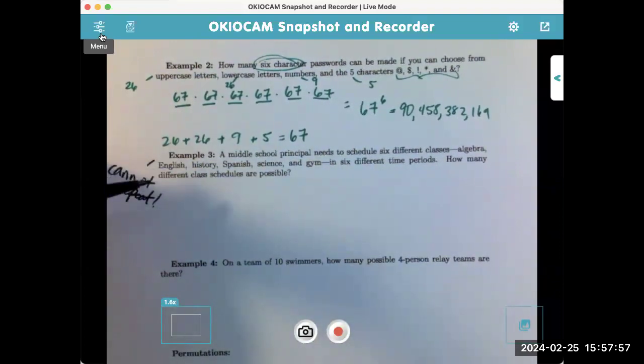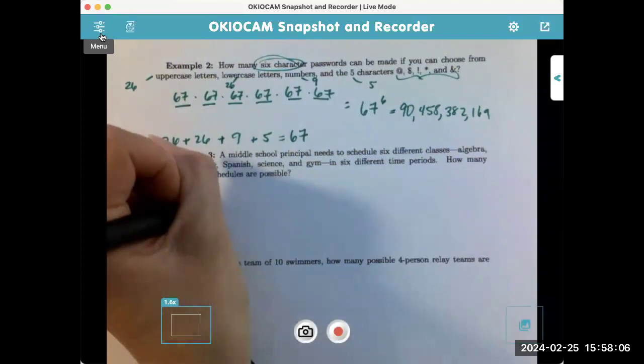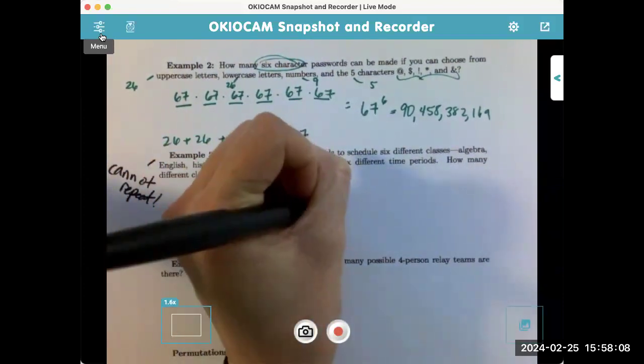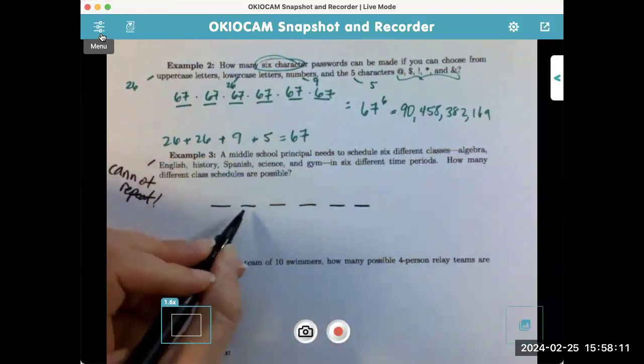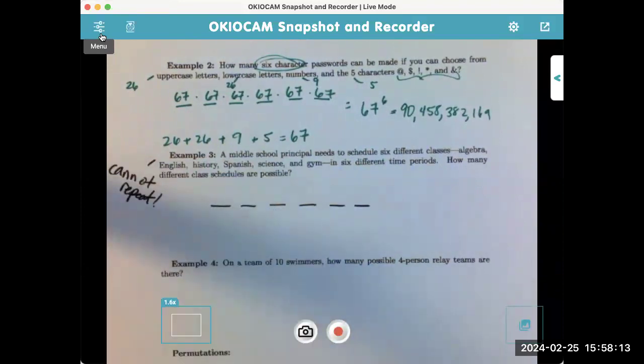The middle school principal needs to schedule 6 different classes: algebra, English, history, Spanish, science, and gym in 6 different periods. So 1, 2, 3, 4, 5, 6, right? You've got first period, second period, third period, and so on. How many different class schedules are possible?